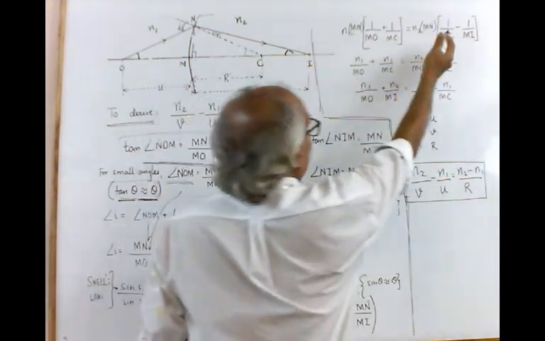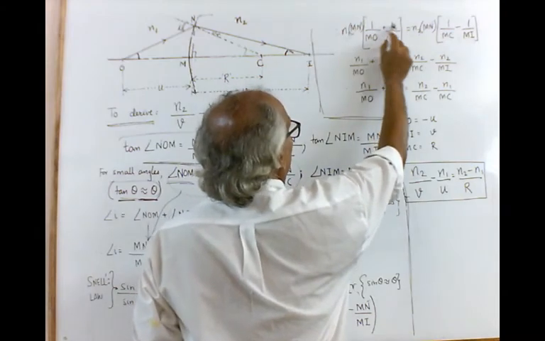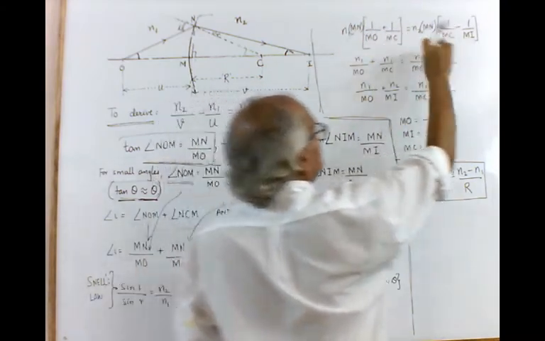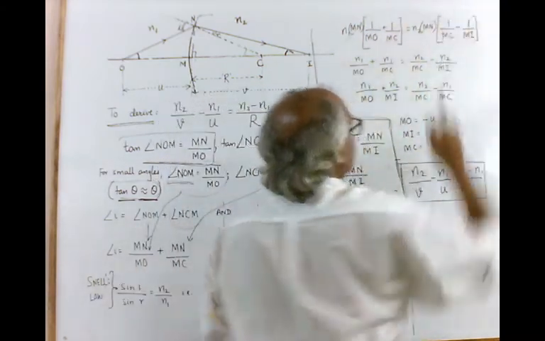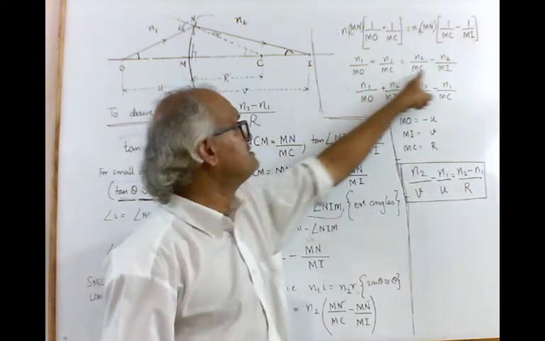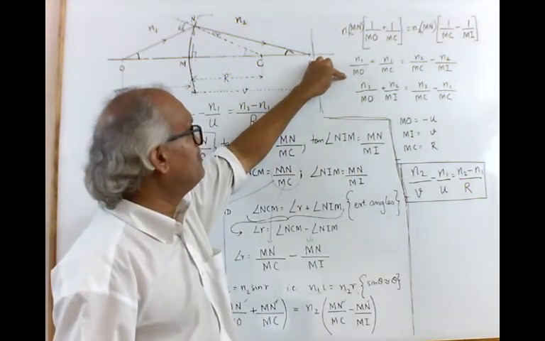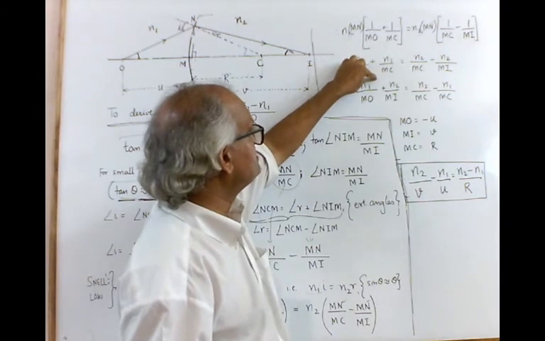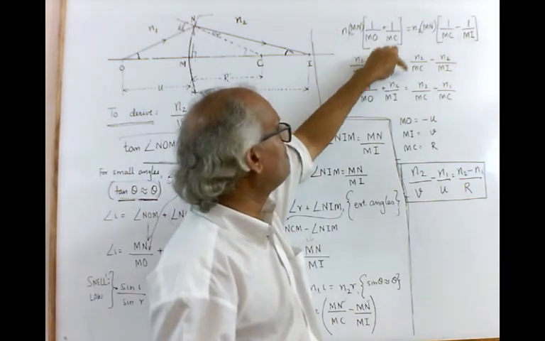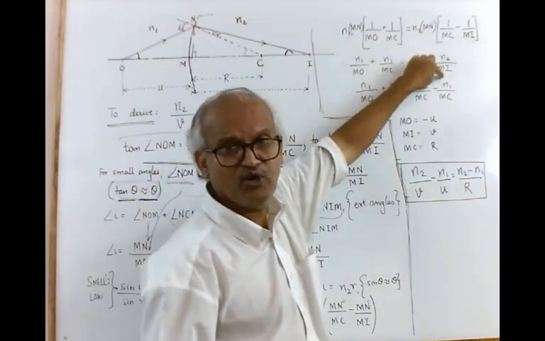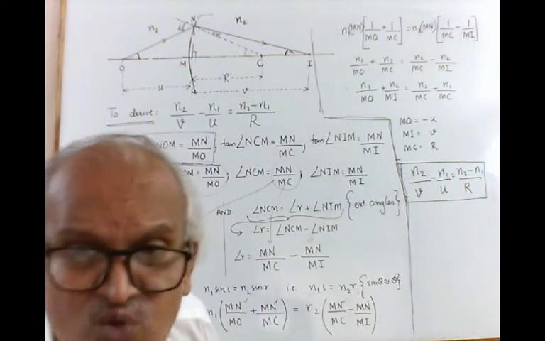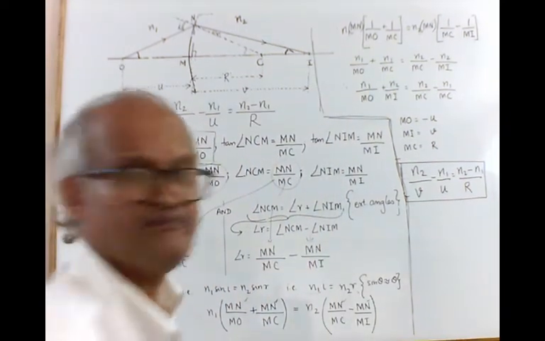When we open the bracket, n1 becomes the numerator of both, and here n2 becomes the numerator of both. And so we get this step: n1 upon MO plus n1 upon MC is equal to n2 upon MC minus n2 upon MI. So this is what we have got over here.